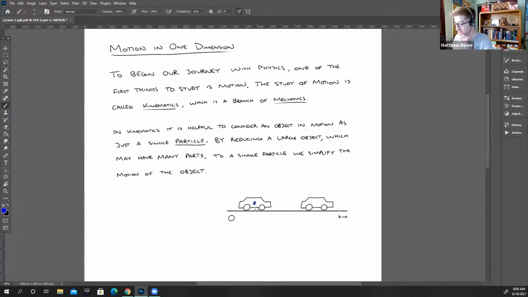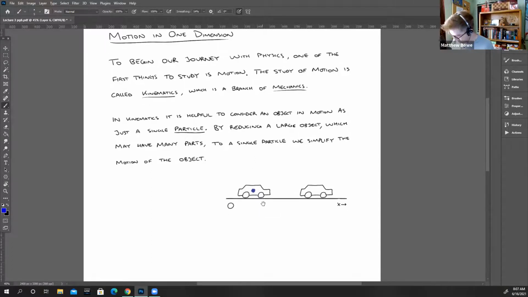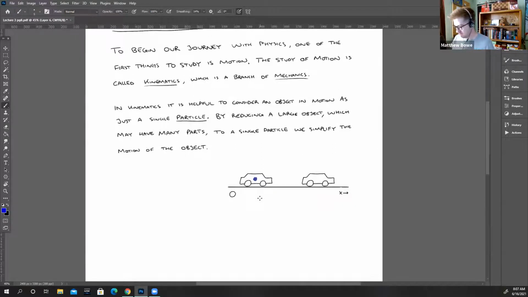This is just two separate pictures of the car. So I took a picture at one instance and then took a picture at another instance and saw that the car changed its position. So I'm going to measure everything around that point in the car.